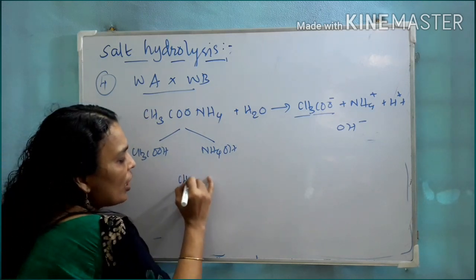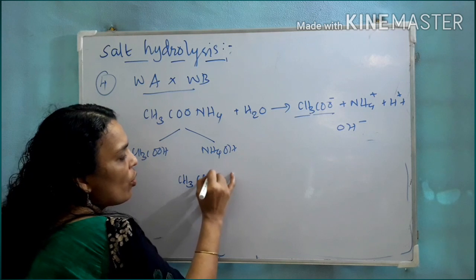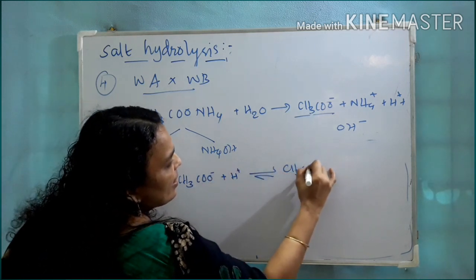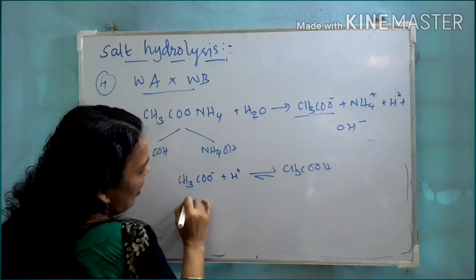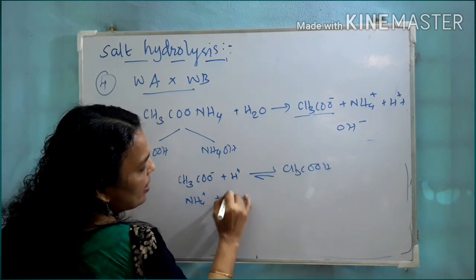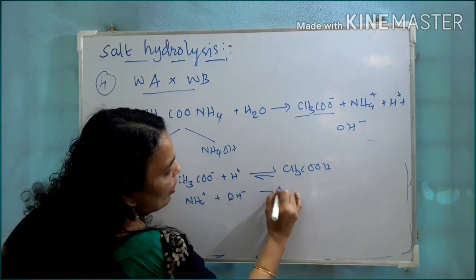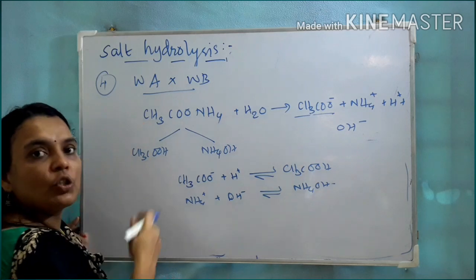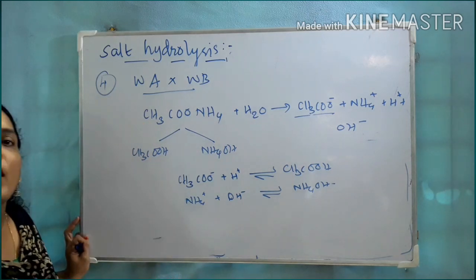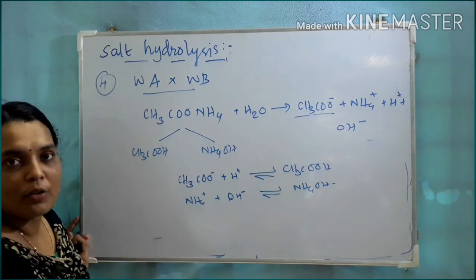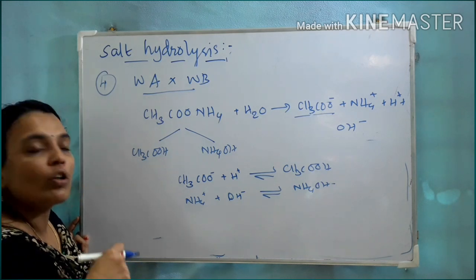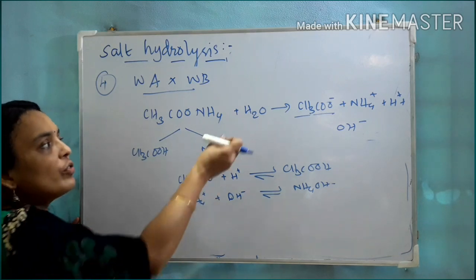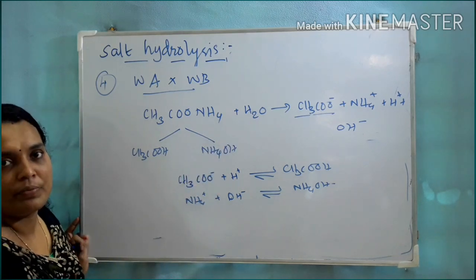So inside the solution there are two equilibria: CH3COO minus plus H plus ion giving CH3COOH, as well as NH4 plus OH minus ion giving NH4OH. So both H plus and OH minus participate in hydrolysis. The concentration of H plus ion and OH minus depends on the Ka and Kb value of these weak acid and weak base.